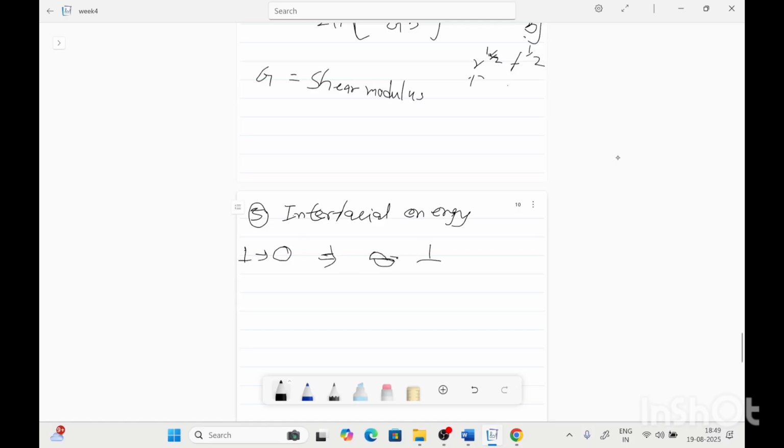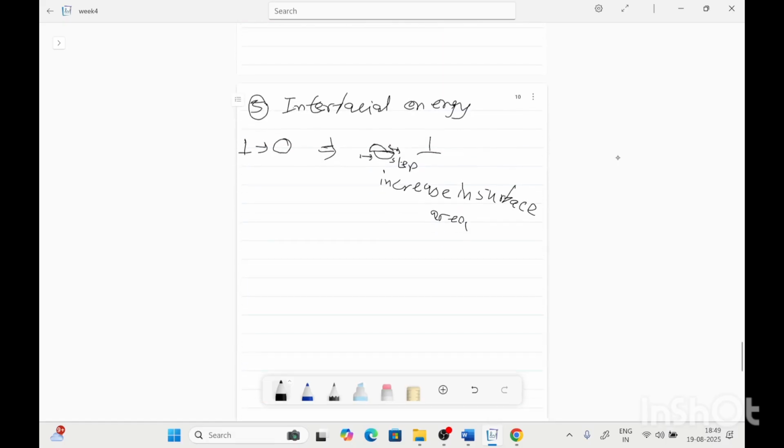So the creation of this surface step means there is an increase in surface area of the precipitate. Because of this increase in surface area, the surface energy also increases. And due to this increase in surface energy, we have to apply more stress for the deformation to continue.